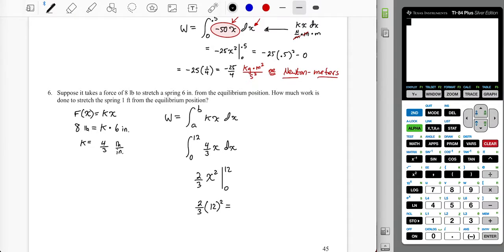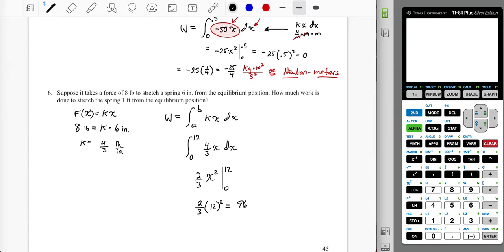Because 12 is a factor of 144 and 3 is a factor of 12. Yeah, 48, I just double checked on my calculator. So times 2 is 96. I'm just going to double check that. Yep, 96.